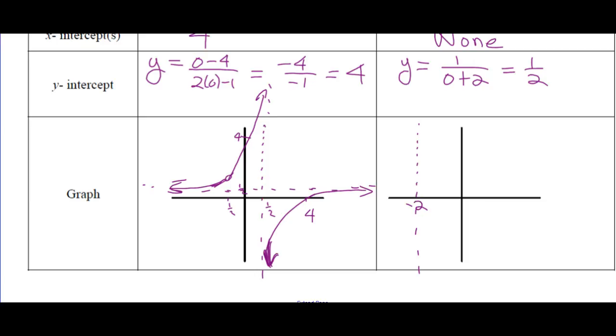So we have a vertical asymptote at negative 2. We have negative 1/2, 2/3, so that's a point of discontinuity. That's negative 1/2, this is 2/3. And we've got another point of discontinuity at 4 and then 1/6. So that's 2, and here's 4, and there's 1/6.